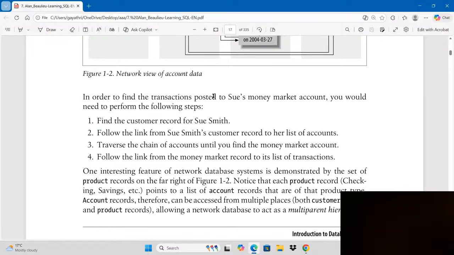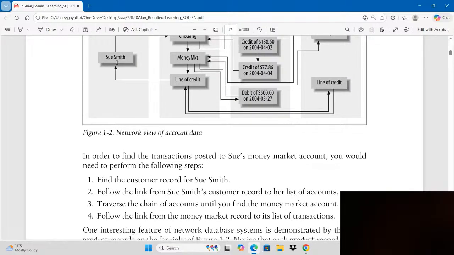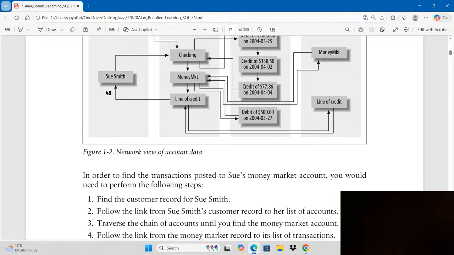In order to find the transactions posted to Sue's money market account, you will need to perform the following steps: find the customer record for Sue Smith, and follow the link from the Sue Smith record to her list of accounts.